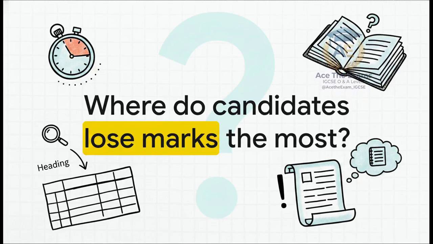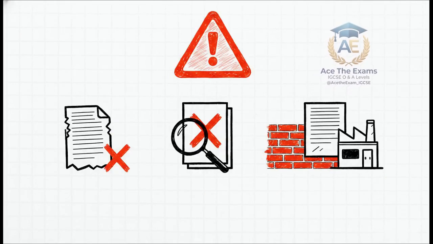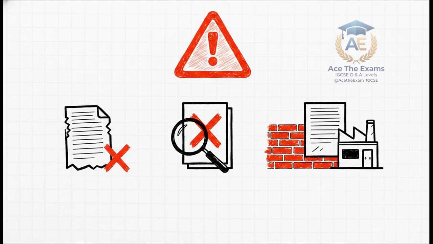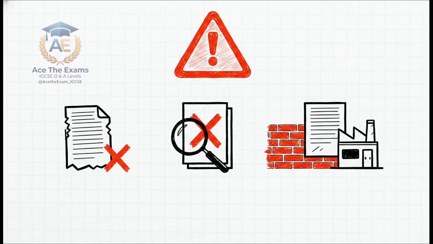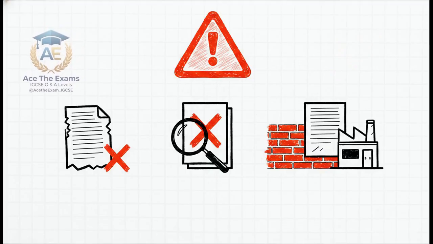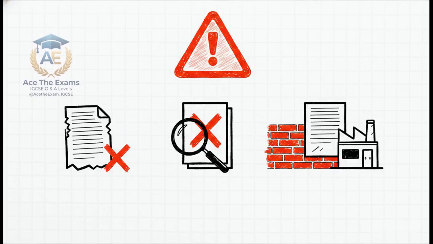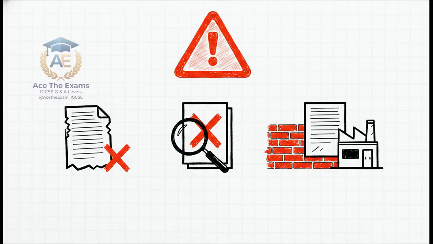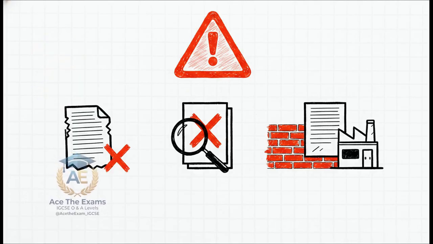Let's break them down. Let's systematically dissect the correct paths by revealing the top 3 examiner warnings straight from the principal examiner reports. Error number 1, missing proper format. I cannot stress this enough. Students literally bleed easy marks because they simply don't format their income statements or statements of financial position correctly. Error number 2, failing to check format and presentation.